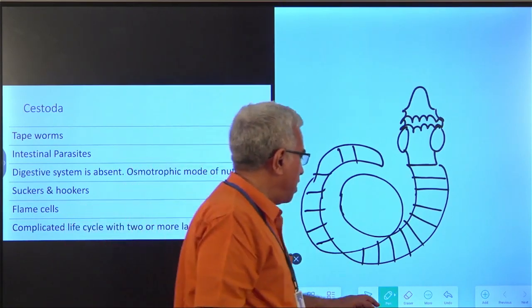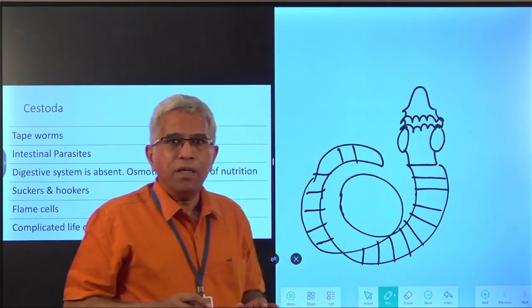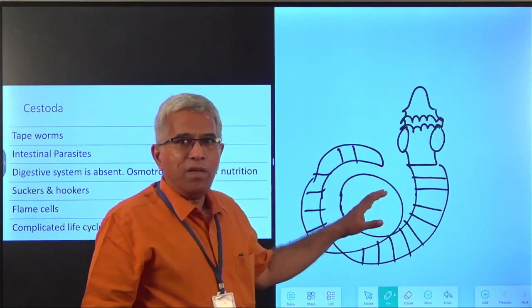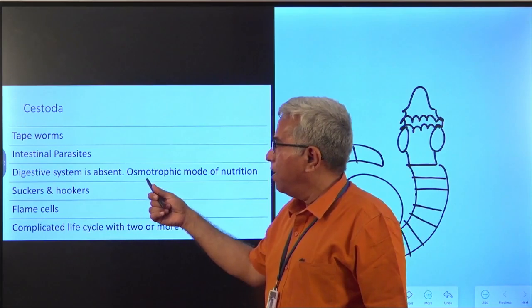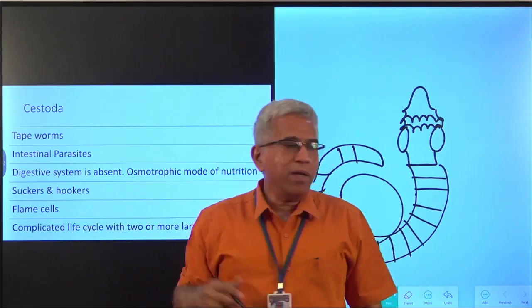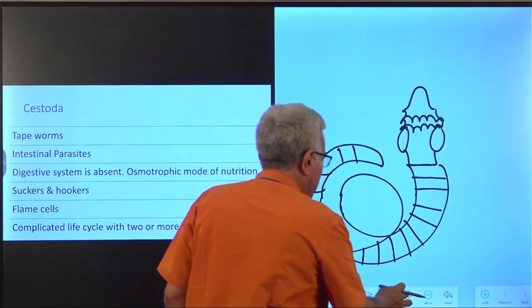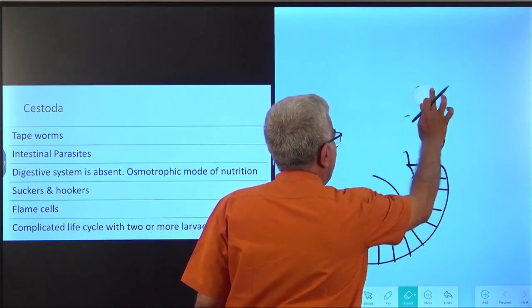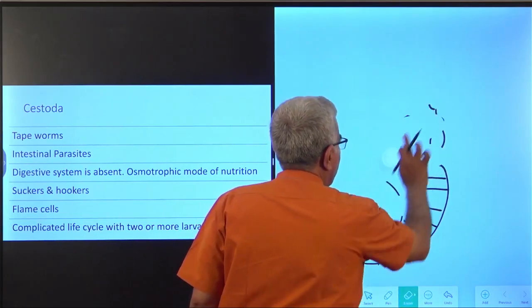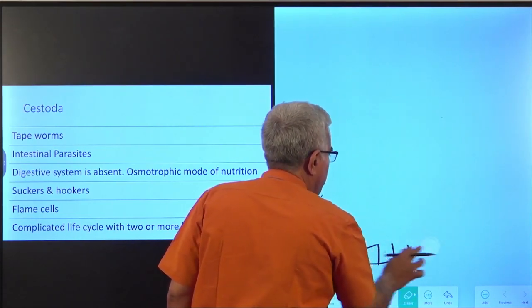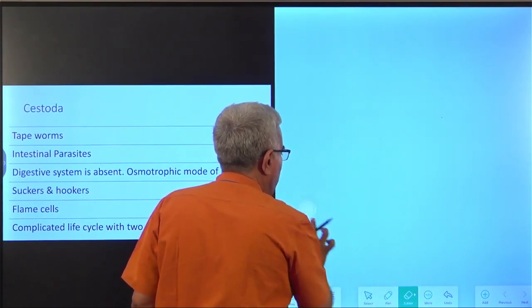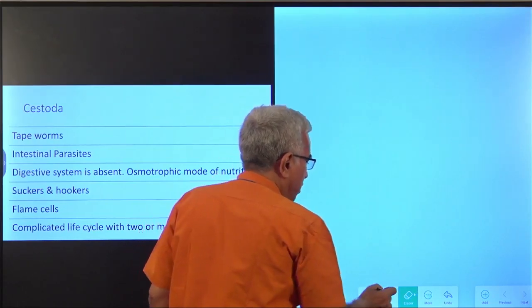So that is about the general organization of the body of the tapeworms that are included under the class Cestoda. And the flame cells are found in this. Flame cells are the excretory organs that are found in Platyhelminthes, and these are specialized structures also found in tapeworms.